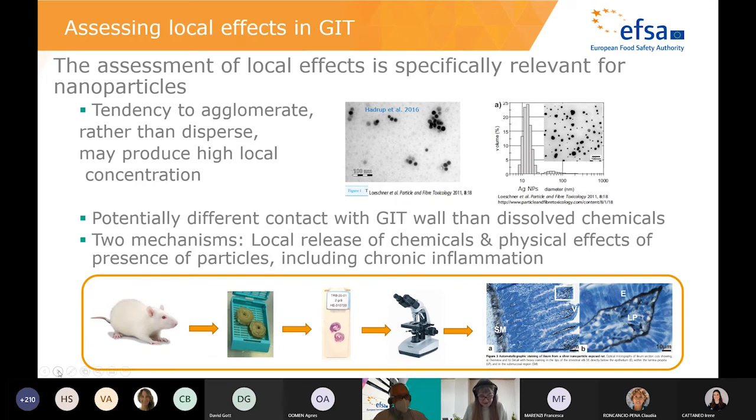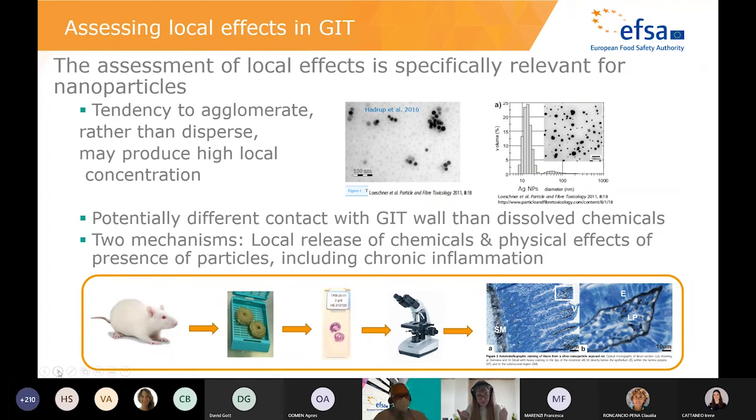The example is from a study to which I also contributed. You can see the wall of the intestine. Sorry, I do not have the indicator. And there are villi on the surface of the intestine, into the lumen of the intestine. And you can see some black material.